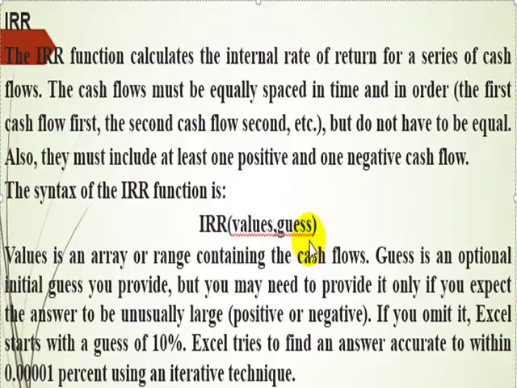It is the rate at which the cost of capital will be equal to the rate of return. So the first input argument in the IRR function is the values. The values represent the cash flow, which could be negative or positive values, and they have to be in a range or in an array.